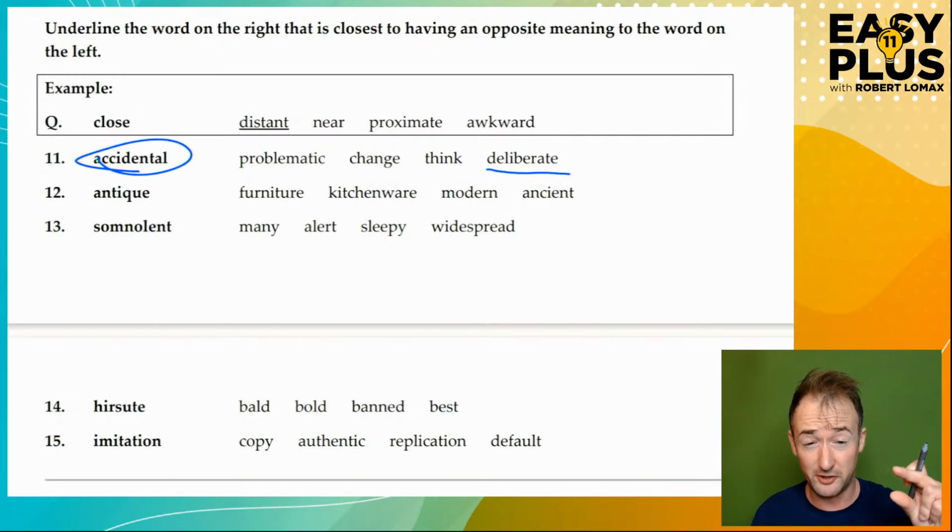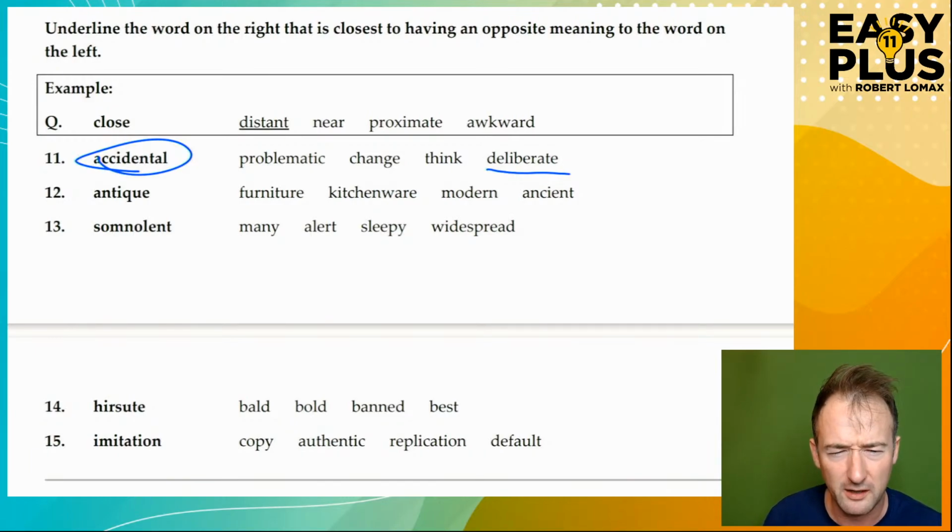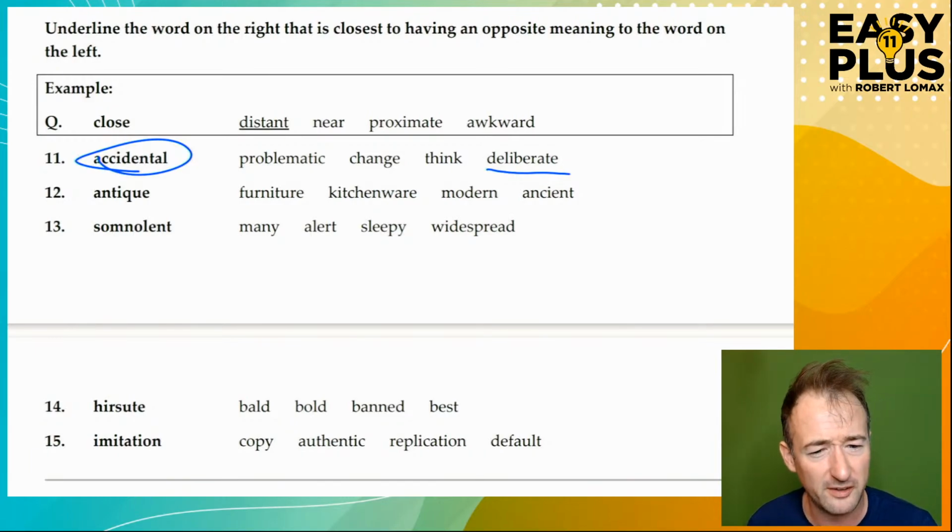Now, this question could get you in a tangle because look how this is going. Problematic, then change, that can be a verb, I change something. Think, I think. Deliberate, I deliberate, it means think. I can't see an opposite for accidental there.